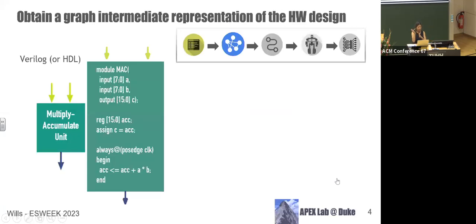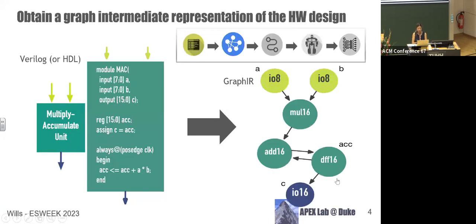Okay, so the first step to predict the synthesis results is to obtain a graph intermediate representation of the hardware design. Here is a hardware description language of a design that contains just one multiply accumulate unit, or a MAC unit. We use the open source HDL compiler toolchain, Yosys, only for parsing and compiling the input design source into its circuit representation, which includes all the basic functional blocks and wiring connections.